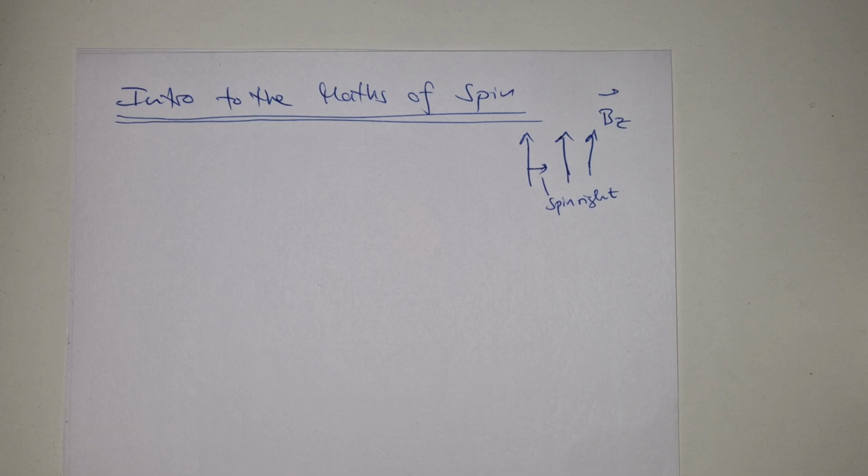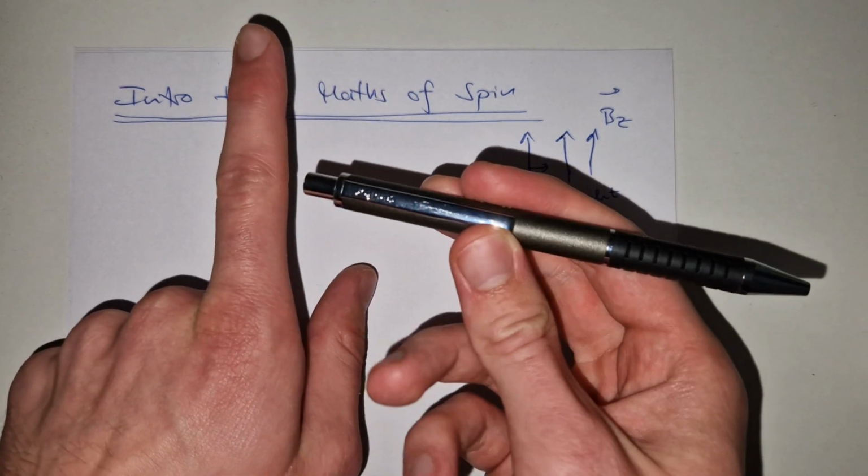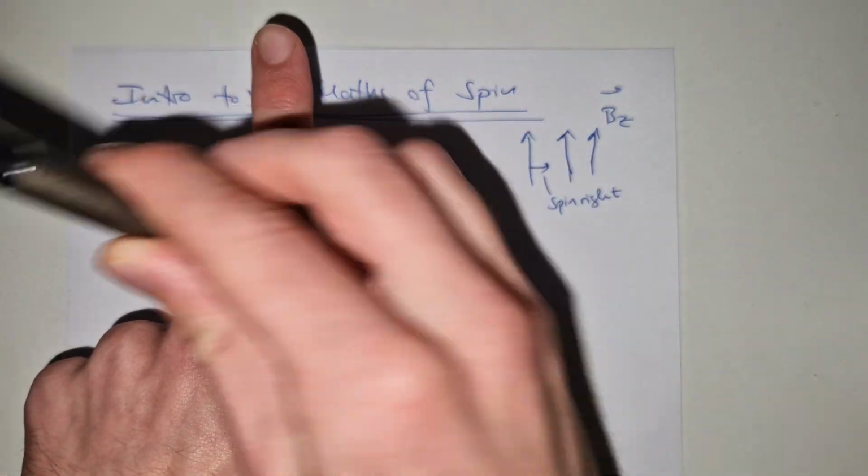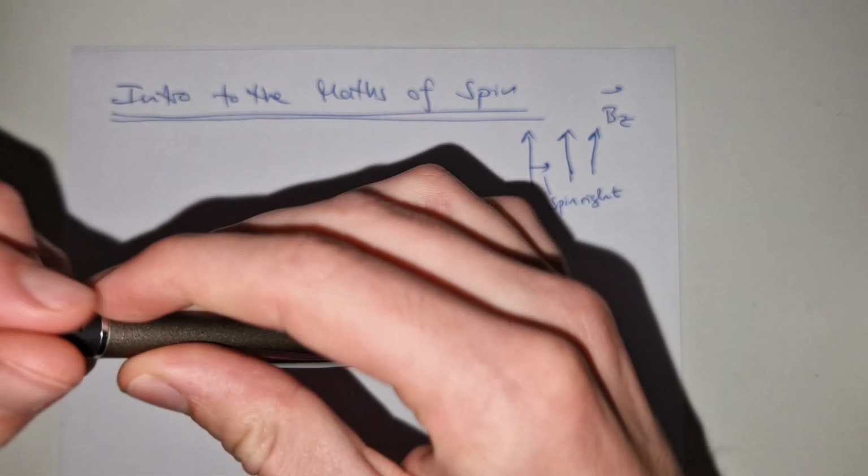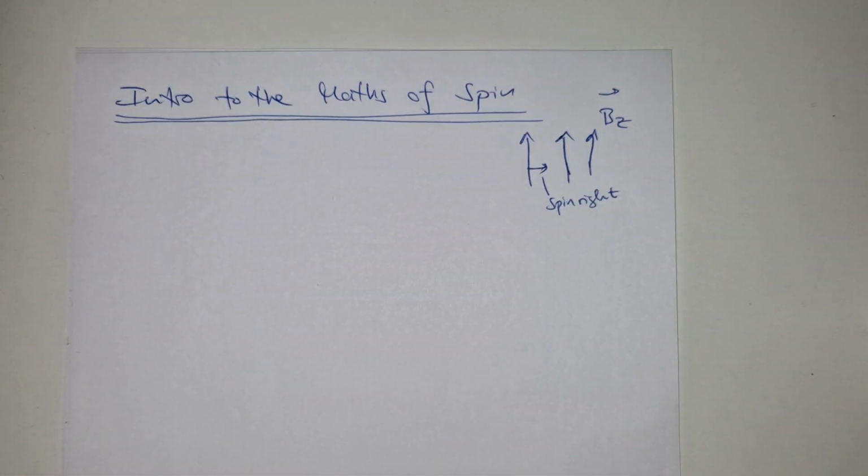Classically, we expect the spin will start precessing around the Z axis, right? So if this is my Z direction, this is my spin, the spin will start doing this kind of motion. So it's precessing around the Z axis. Classically, this is quite clear. But the goal is to understand quantum mechanically why this happens using the Pauli matrices and the Schrödinger equation, basically.